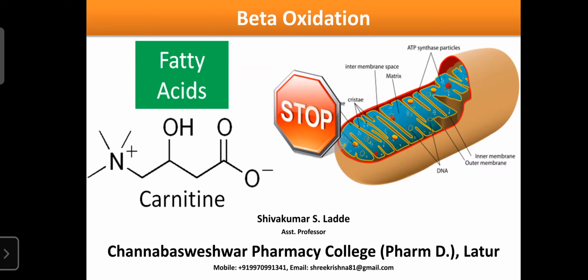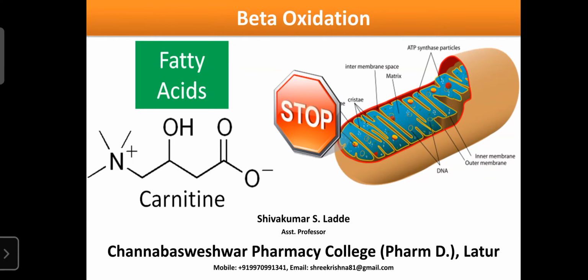Alpha oxidation mainly occurs in the peroxisomes. Omega oxidation occurs in the endoplasmic reticulum. So there are three oxidation processes regarding fatty acids: alpha, beta, as well as omega.